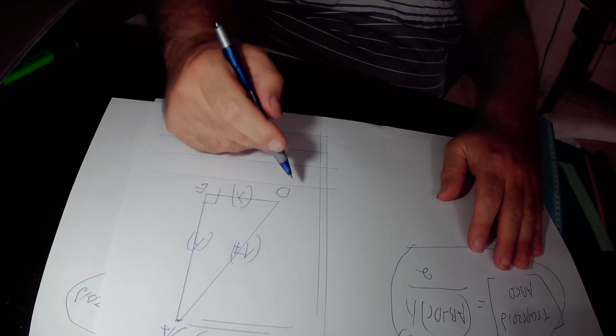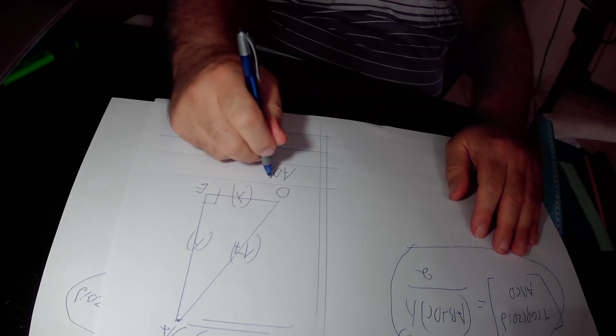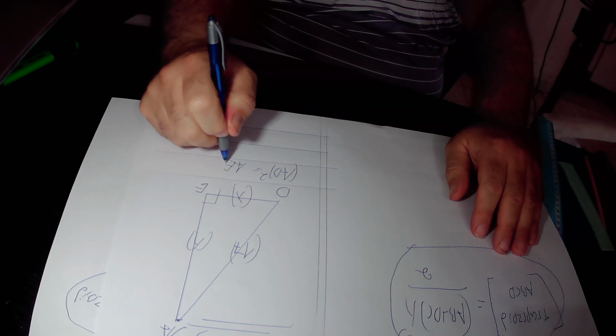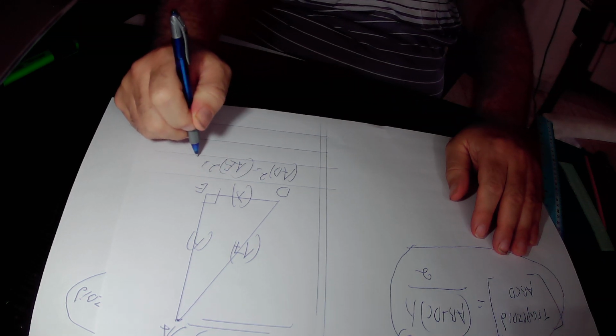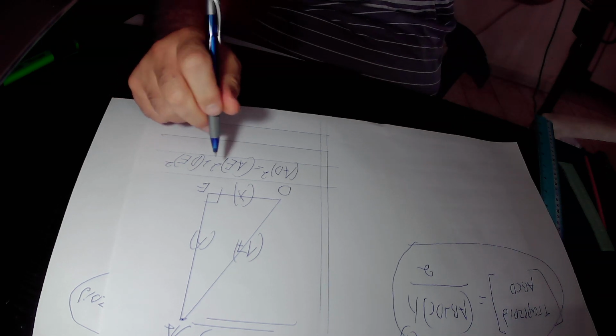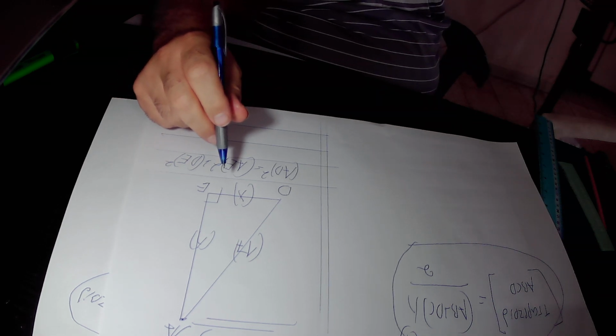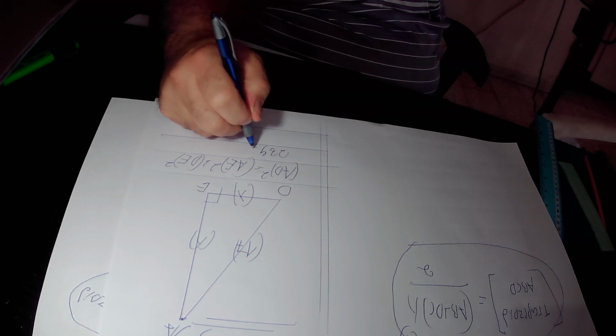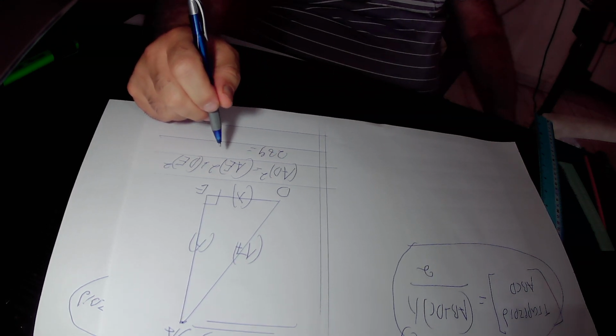AD squared, that is the square of the hypotenuse, is equal to AE squared plus DE squared. AD is 17, therefore AD squared is 17 squared, that is 289, and it equals AE squared.